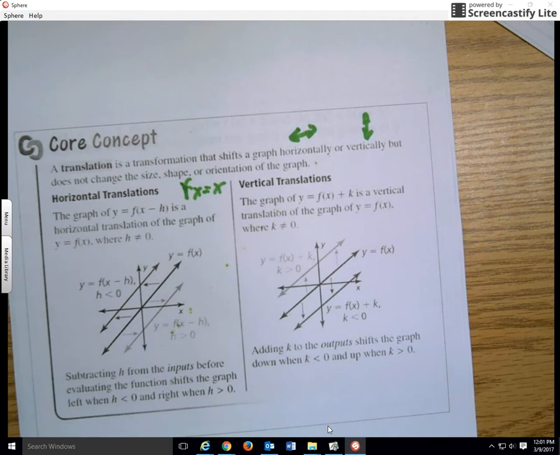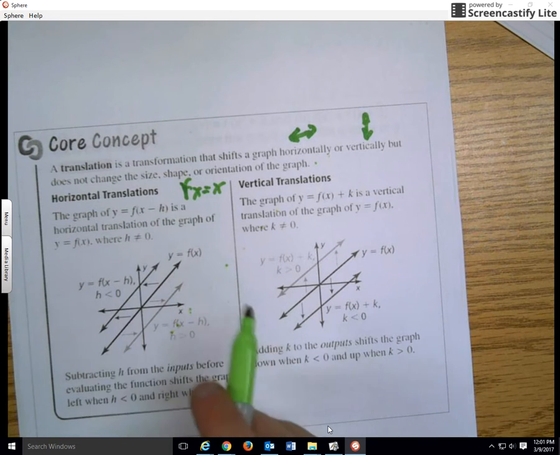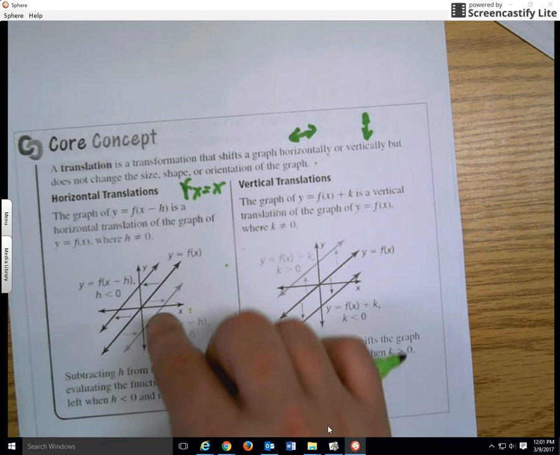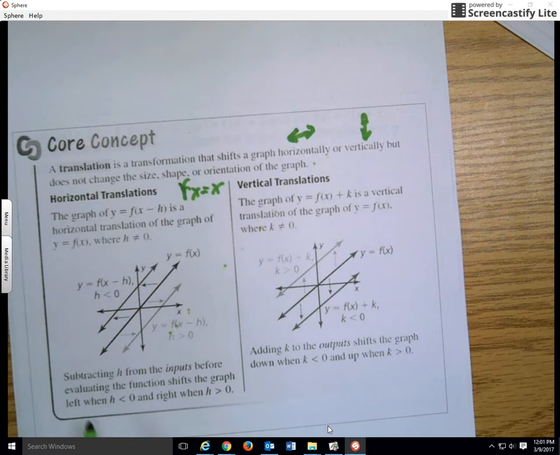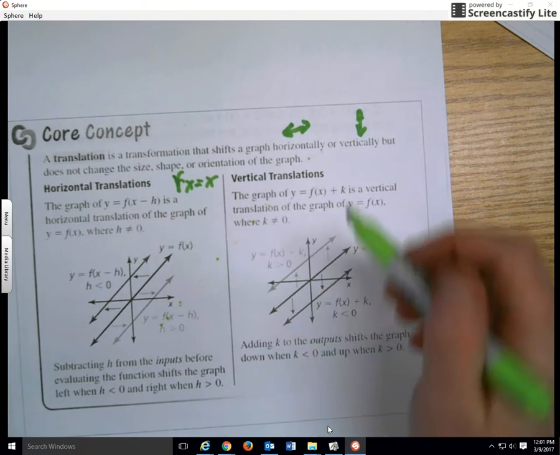So we'll give you an example of that in just a second, but notice too that when it's in this format of in the parentheses, the graph is going to translate either to the left or to the right. And then it tells you a little hint here, but I think my explanation will be better, so we'll go over that in a second.